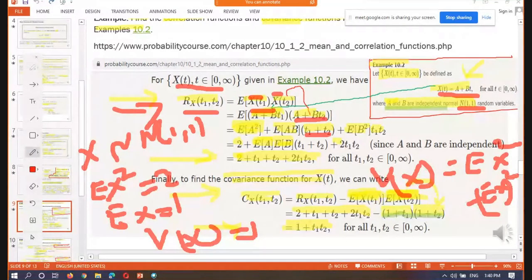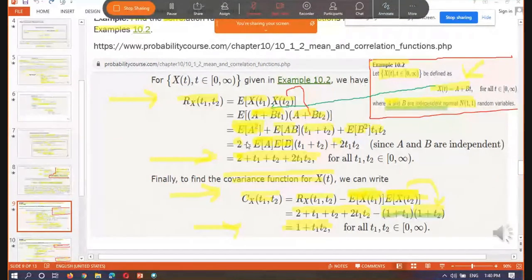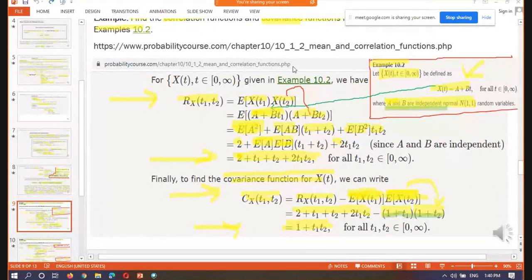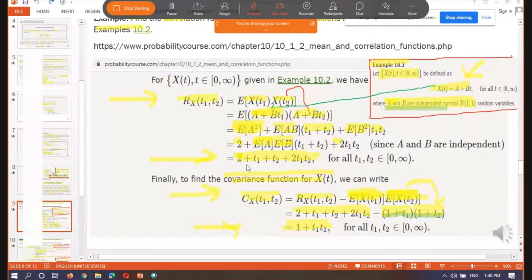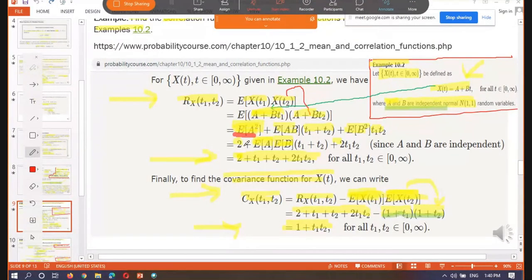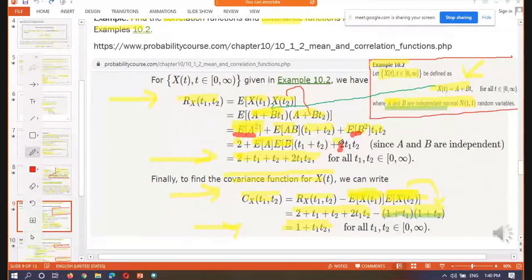From there, because the expectation is 1 and the variance is also 1, this 1 goes to the other side and gives the expectation of X square as 2. So A and B are normal 1, and you will get the expectation of A square as 2 and the expectation of B square as 2.